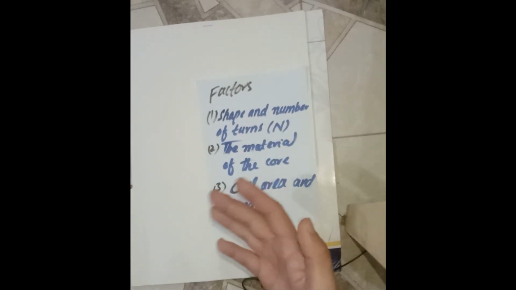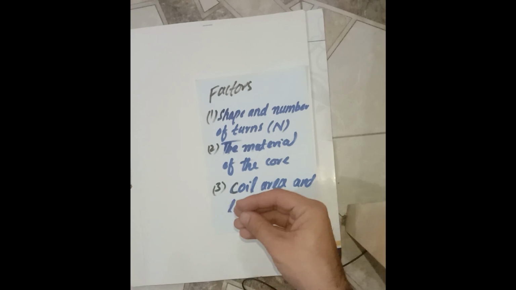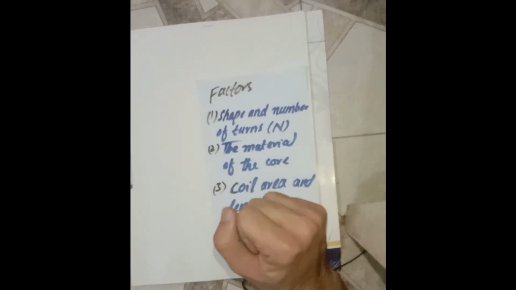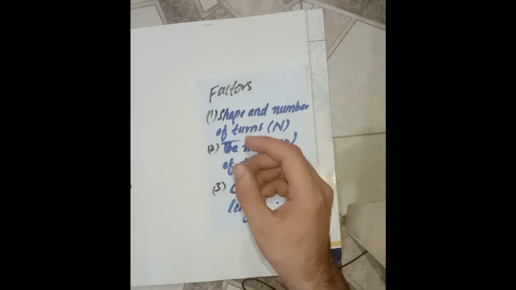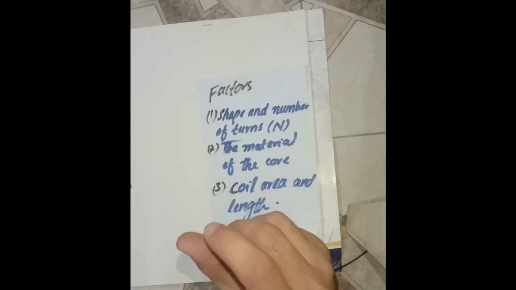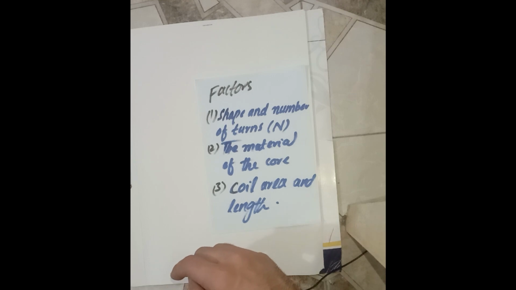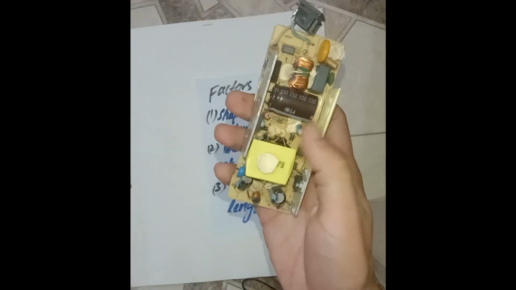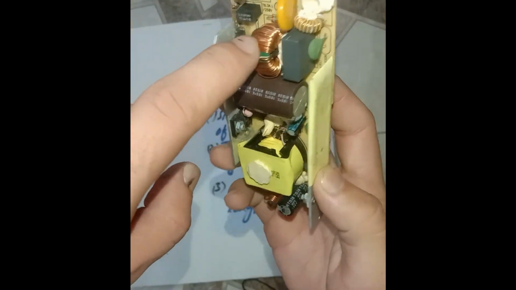These are the factors which affect the inductance of the coil. As we discussed in the theory of the inductor, an inductor is a coil, and if we change the current flowing in that coil, the magnetic flux will change, and that change in magnetic flux will induce an EMF in the same coil, which we call self-induced EMF. Here, this is actually a charger, and inside the charger we have these shapes.